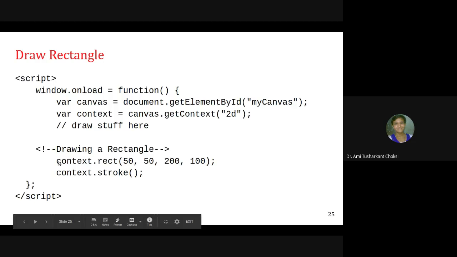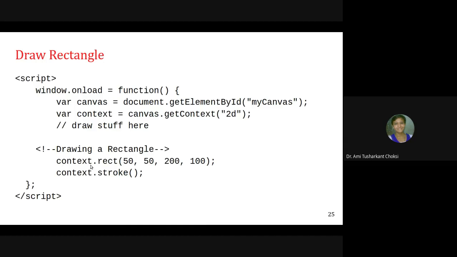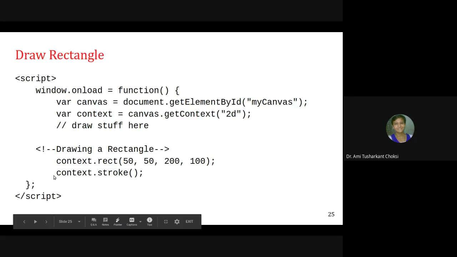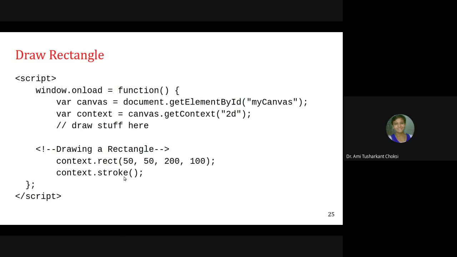So how can we draw that? That is context dot rect. The rect function takes 50, 50, 200 and 100. So we are drawing the rectangle, but without writing context dot stroke, we cannot draw the rectangle, isn't it?